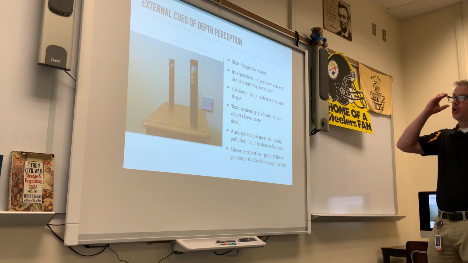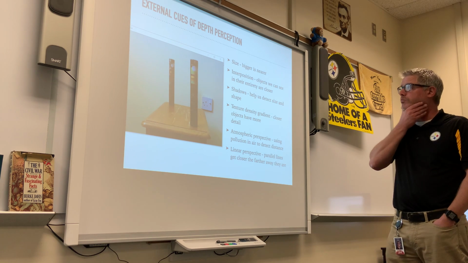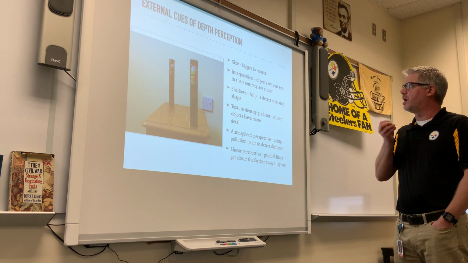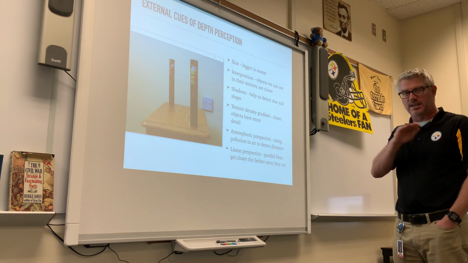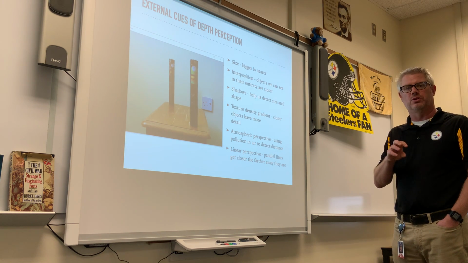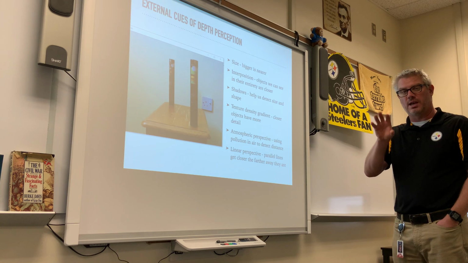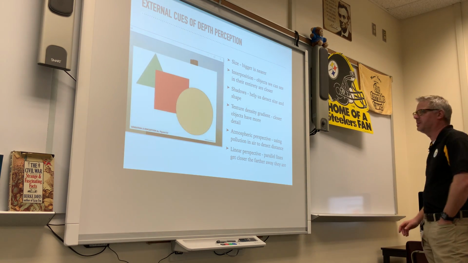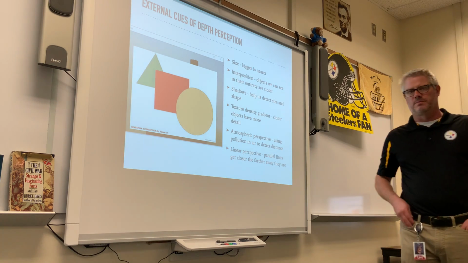A second cue that our brain uses is something called interposition. The rule here is that objects that we can see in their entirety are closer than objects that we can't completely see. What do we mean by that? Well, your brain is always processing things like this.